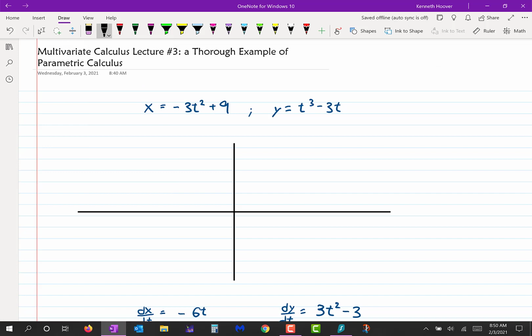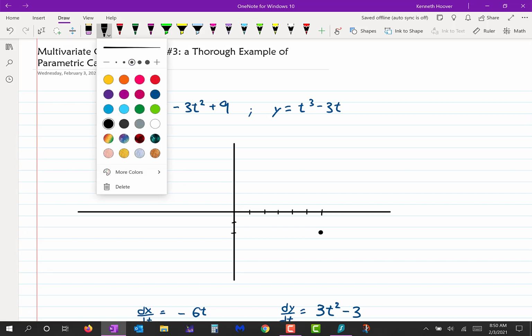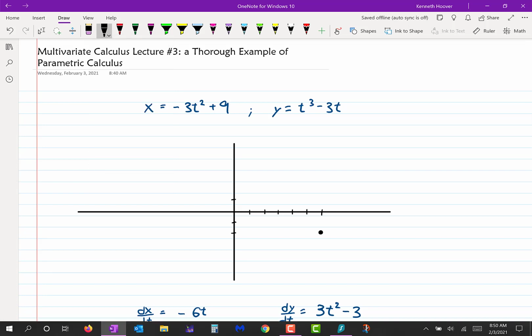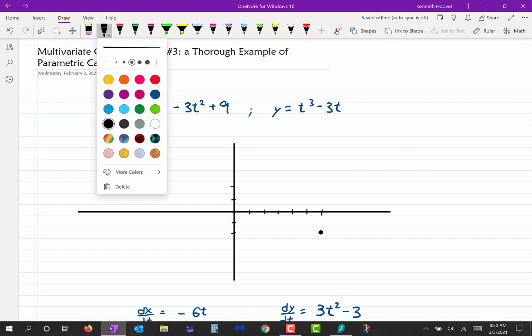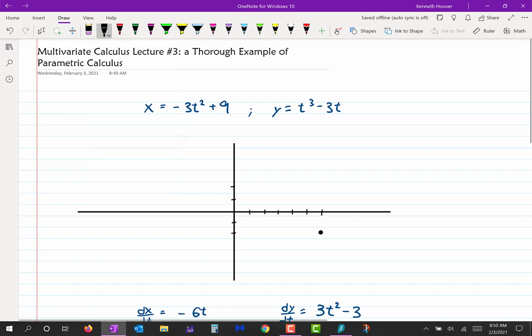Okay, let's go over here. 1, 2, 3, 4, 5, 6. And we had 6, negative 2 and 6, positive 2. So those 2 points are on the graph.